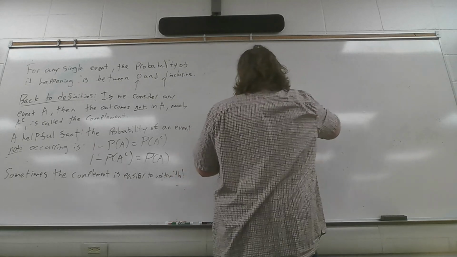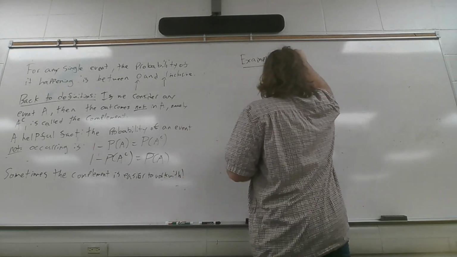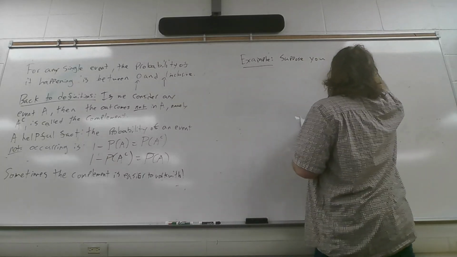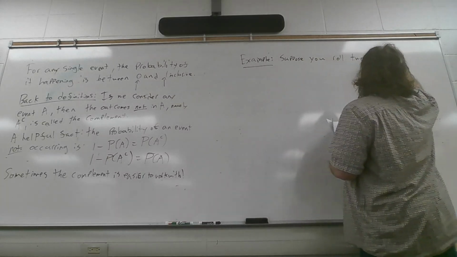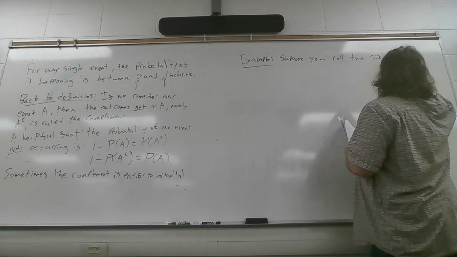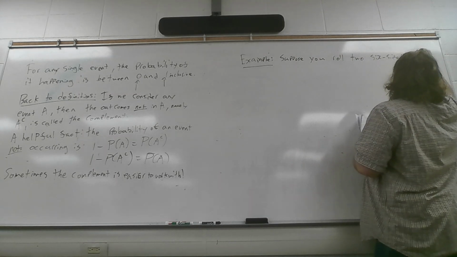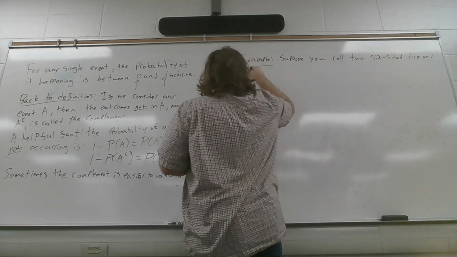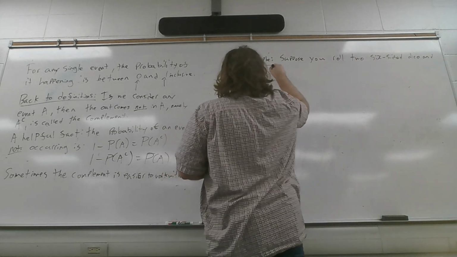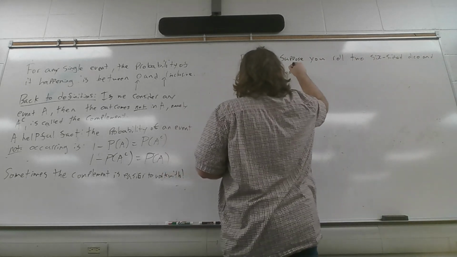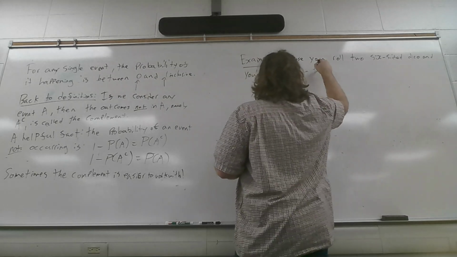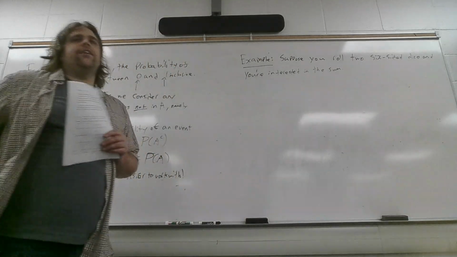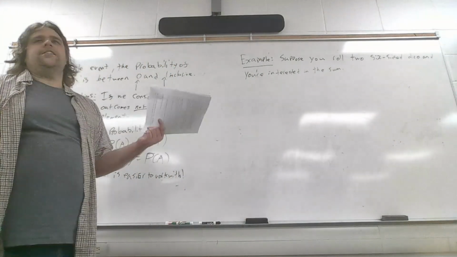Okay, so for this example, suppose you roll 2 6-sided dice, and you're interested in the sum. So you roll a 2 and a 3, so it adds up to 5, right?